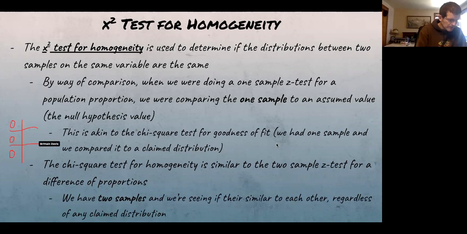And I'm going to compare it to this distribution right here. Are these 2 distributions equal to each other? All right, so if you're able to follow the logic that we just ran through, we're just comparing 2 samples.